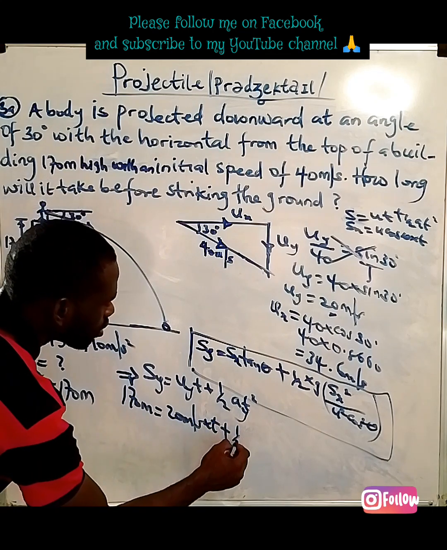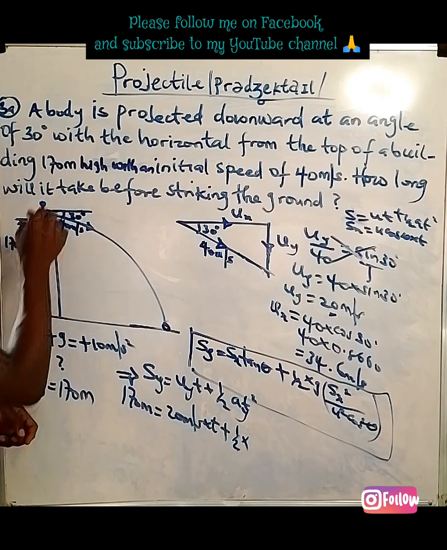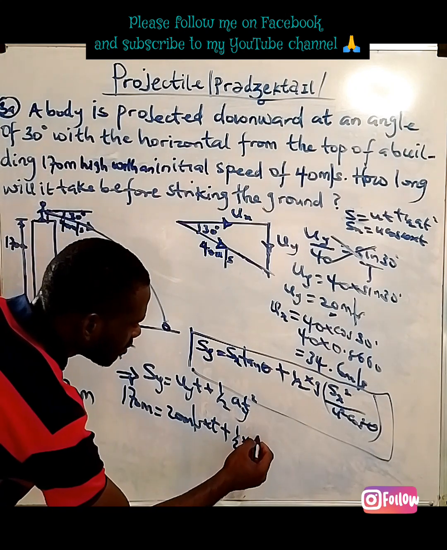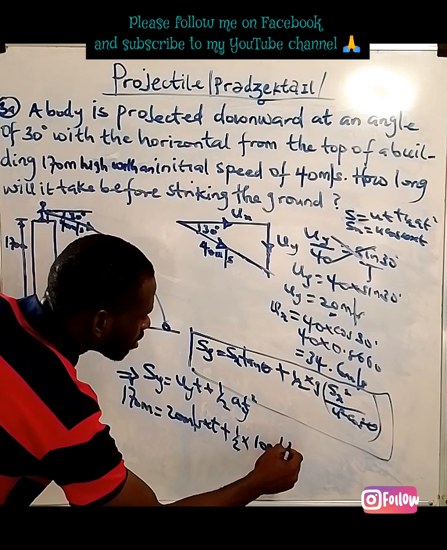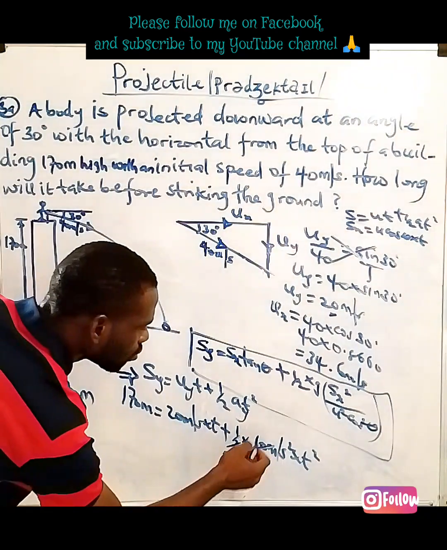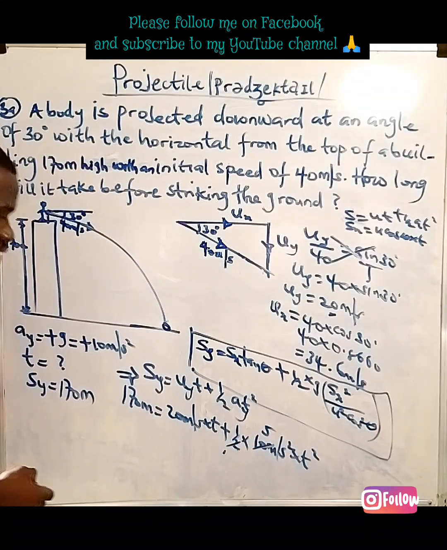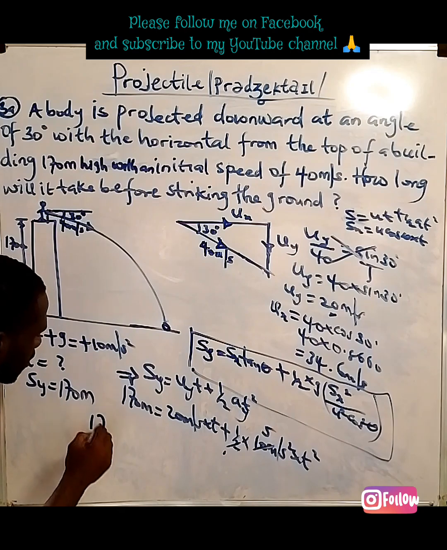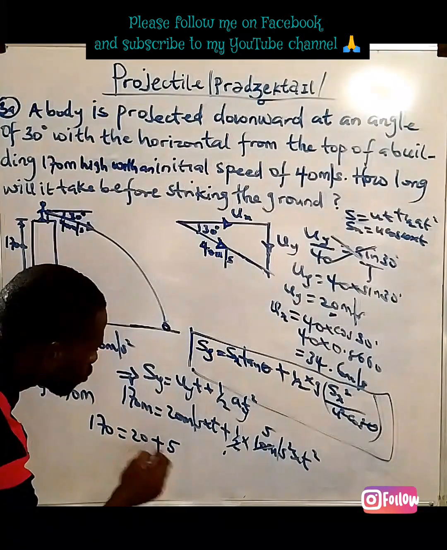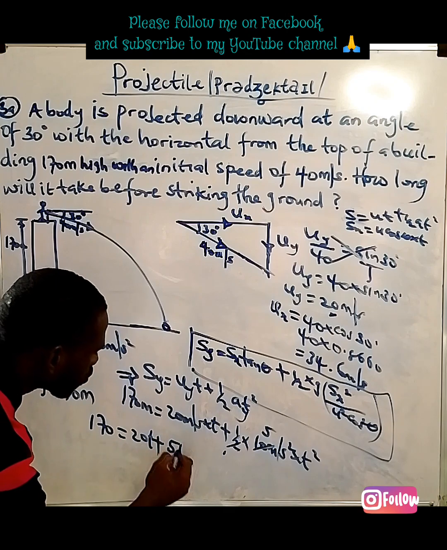So that's 1 over 2, acceleration due to gravity is positive because the body got projected down, came down in obedience to gravity, 10 meters per second squared, and still the time we are looking for. So 2 into 10 is 5. So what do we have? We have 170 equals 20t plus 5t squared.